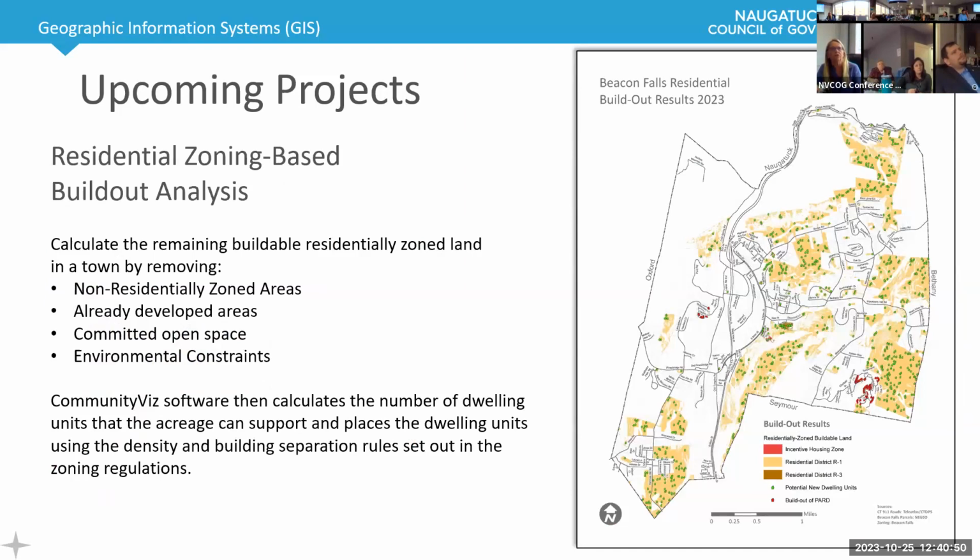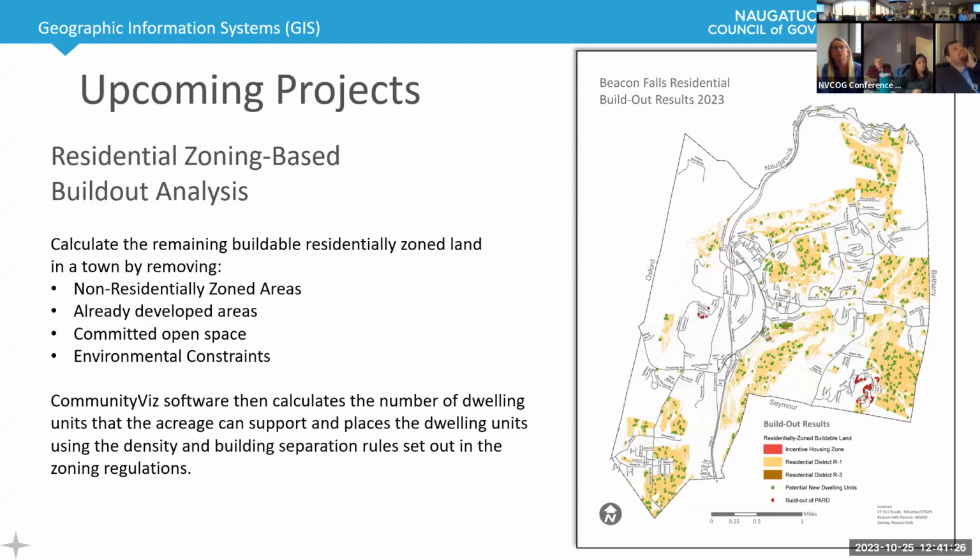And a very large project we're working on, and we've kind of been waiting for those aerials so that we can update the land use so that we can input it into this, is a regional zoning based build out analysis. To do that, you take the town area and you essentially remove those areas that aren't buildable for residential, which would be removing the non-residentially zoned areas, the already developed areas, committed open space, and environmental constraints.